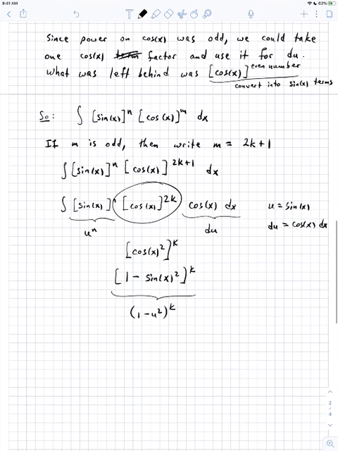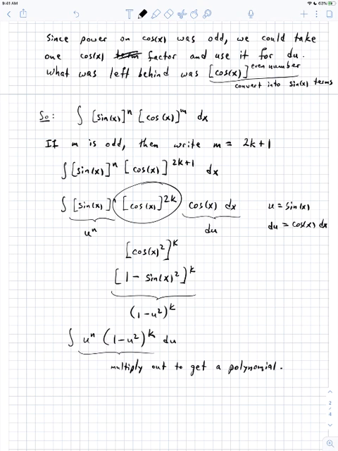And so now you have an integral that's u to the n times 1 minus u squared raised to the k du, which is polynomial. If you multiply this out, you get a polynomial. That's not a trivial thing to do, though, because it's 1 minus u squared to the k.